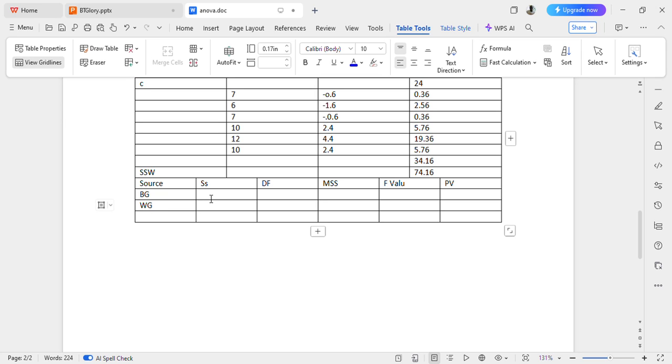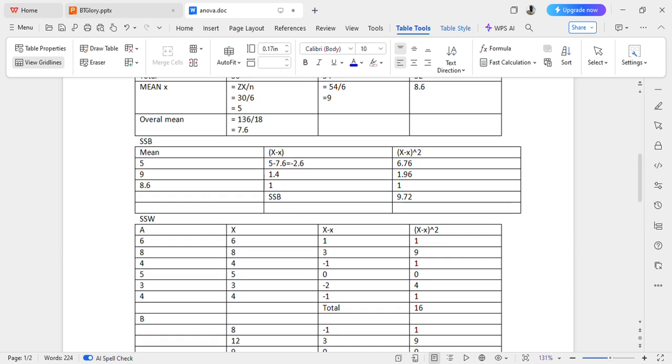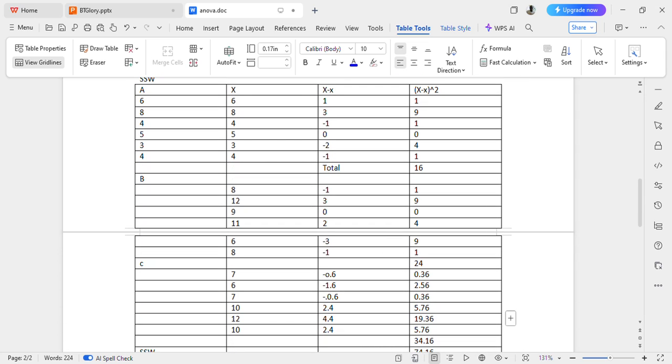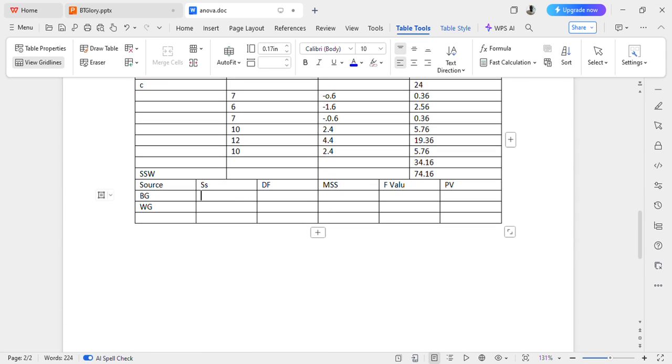So our sum between groups is 9.72. Our sum within groups is 74.16.